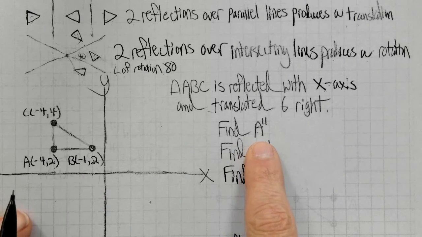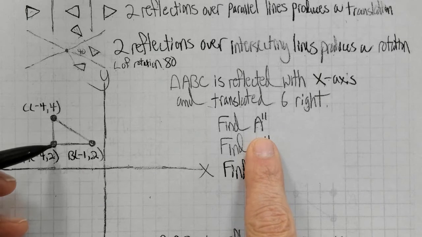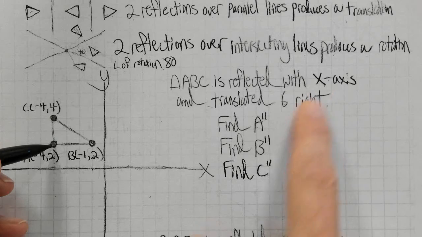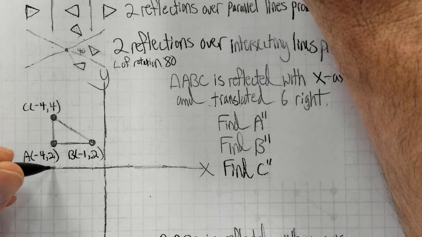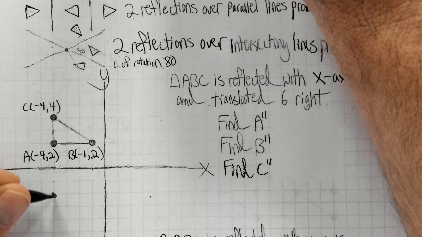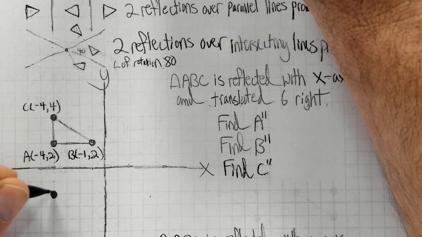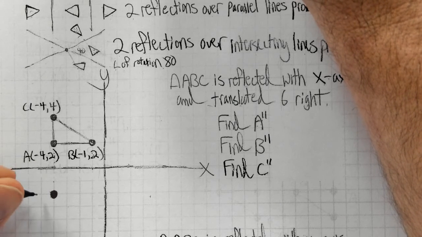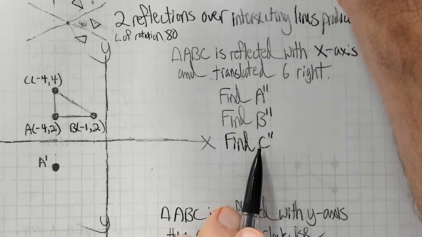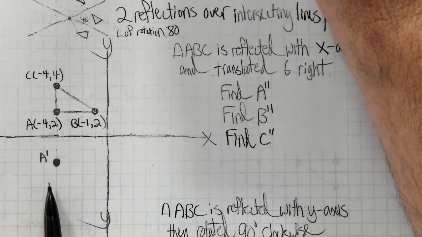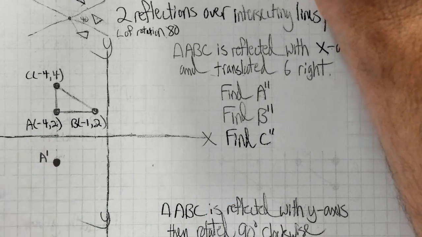All right, so for A, let's see how it looks. So the first thing that's happening to A is it's being reflected with the x-axis. So let's get the first movement. So there's 1, 2. So we'll go 1, 2. And then there is the A prime. And we're going to eventually get all 3 points, so why don't we just go ahead and do the first reflection, and then we'll do the second movement.